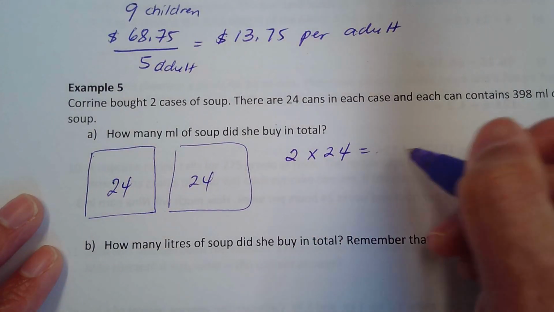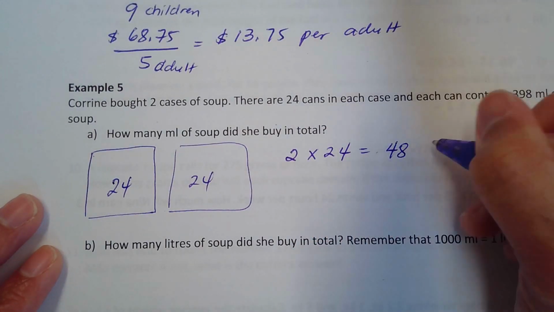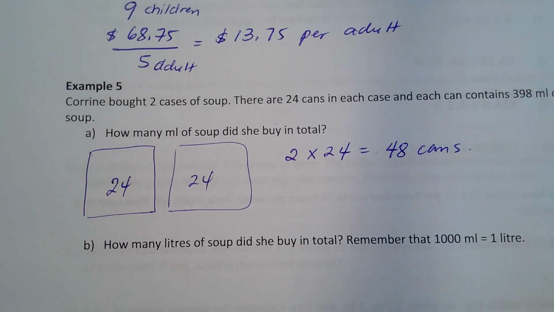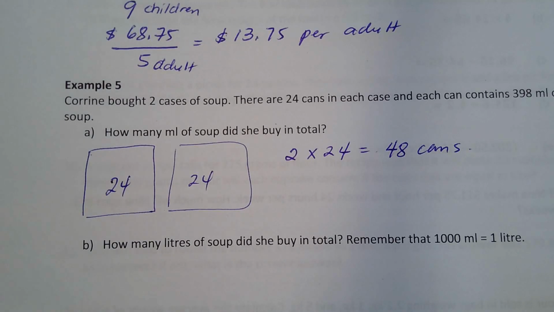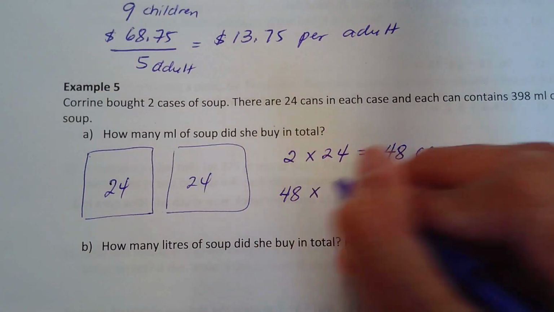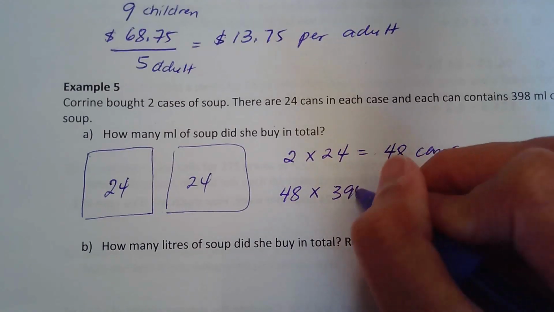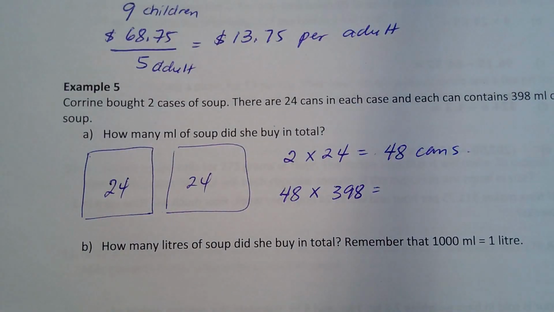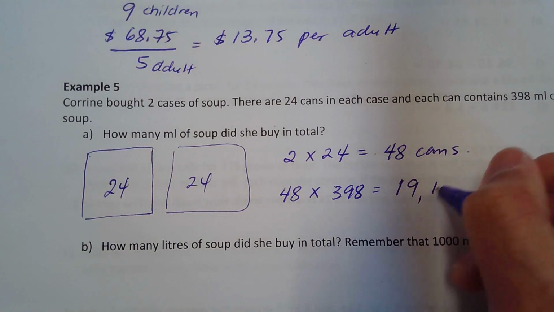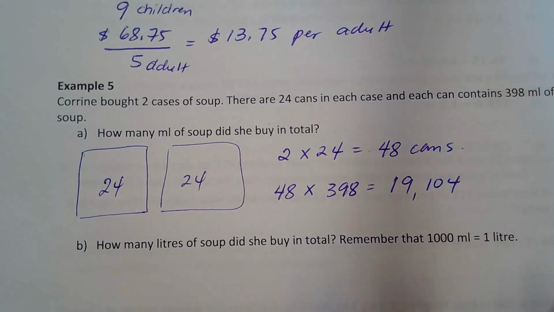That's going to give us 48 cans. And now each can contains 398 ml. So 48 times 398 is 19,104. Okay, what do you think our unit would be?